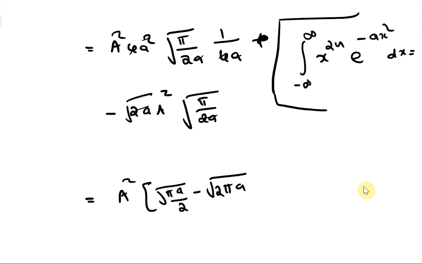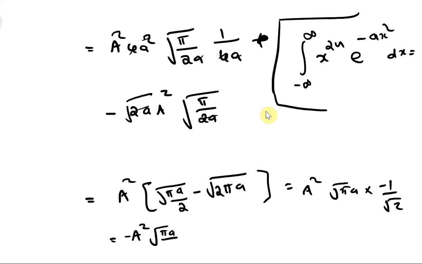So this can be solved like a square, if you take root pi a outside, 1 by root 2 minus root 2, so it's just like 1 minus 2 divided by root 2, that will give you 1 minus 1 by root 2. So this is going to be a square minus a square root pi a divided by 2.